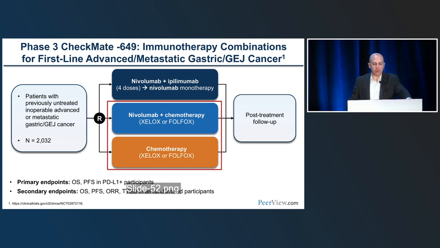In any event, this was the largest phase 3 trial ever done in gastric cancer. It was published also in the last few months. And you can see here that 2,000 patients were enrolled globally. It sounds crazy to enroll 2,000 patients, but when you think about the epidemiology of gastric cancer, it really is globally one of the most common cancers.